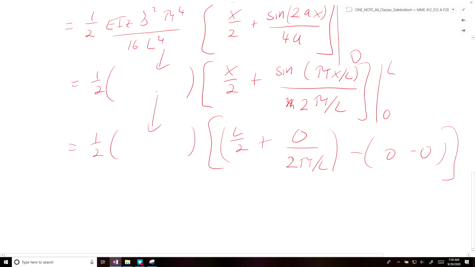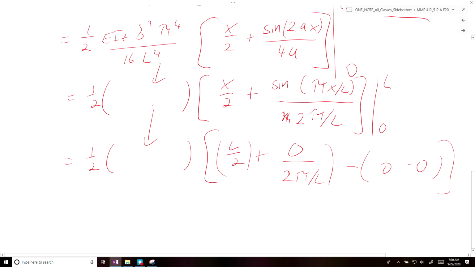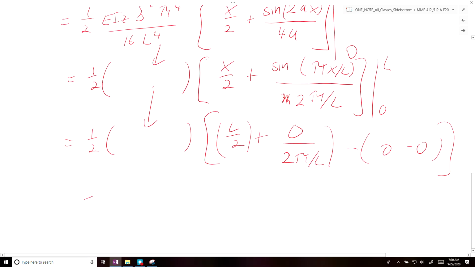So we just get this L over 2 term as the only thing we need to worry about. If we multiply the L over 2 term times all this, we end up getting 1 over 2 times 16 is 32, 2 times 2 is again 64, L cubed over e to the I z delta squared pi to the 4th. Alright, and that'll be our strain energy.